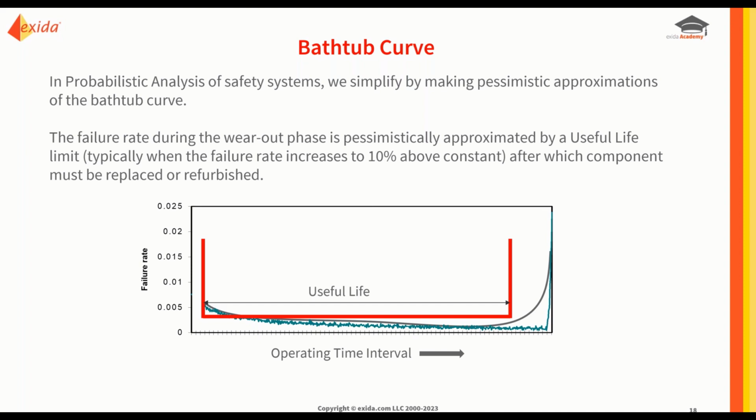IEC 61508 and the process industry functional safety spec 61511 have very clear requirements that the maintenance procedures should be set up to replace or refurbish before the end of the useful life. And that really does make sense for these safety critical systems.